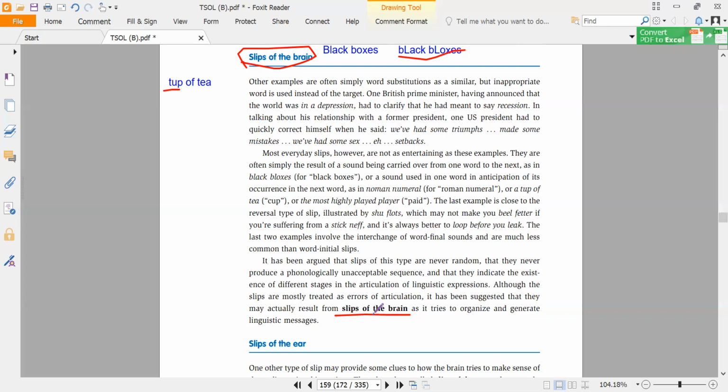So it means that this message actually comes from the motor cortex, from the brain. That is why many people believe that these slips of the tongue are actually slips of the brain, because the tongue receives these orders, commands from the brain, from the motor cortex. That is why they should better be termed a slip of the brain instead of slip of the tongue.